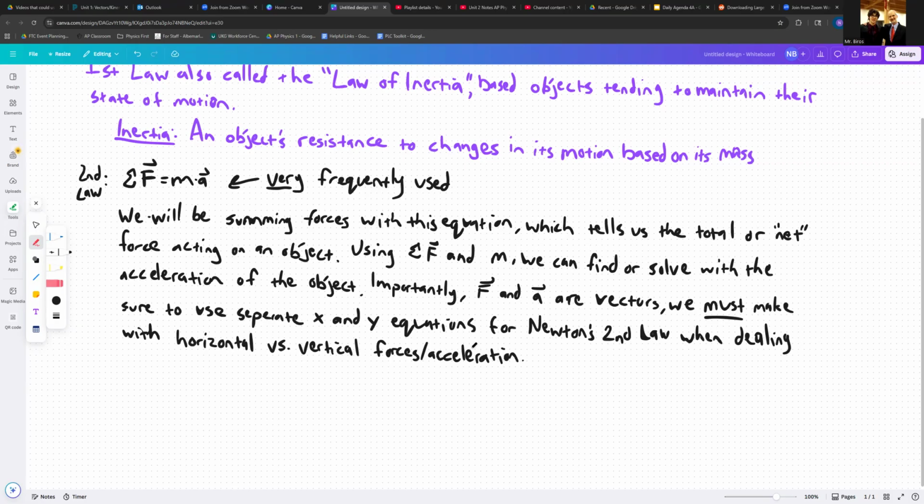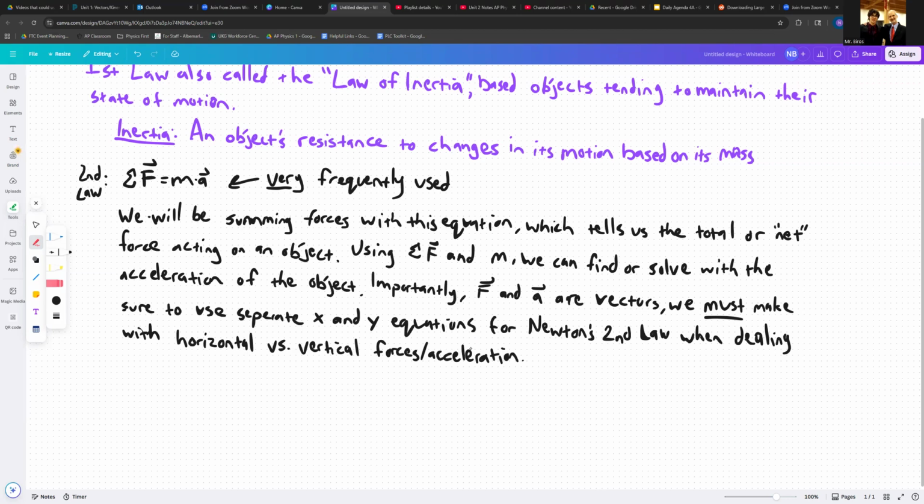So that basically means we end up with two versions of this, and we can tell from our vectors, it's pretty easy to put an x subscript on the force and the acceleration. Now you have an x horizontal version of Newton's second law. If you're dealing with vertical forces acting up and down, causing acceleration vertically, just put a y subscript on forces in the y direction or acceleration in the y direction.